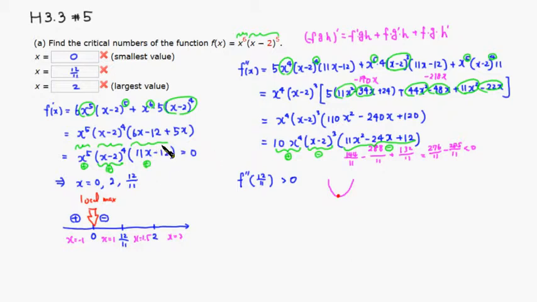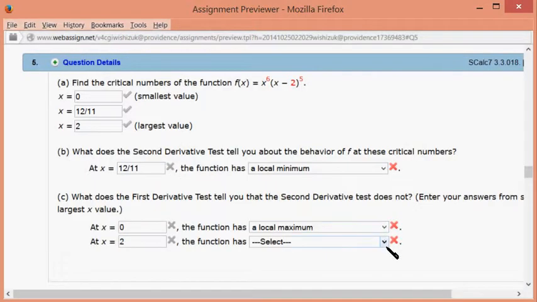So everything is positive there, right? And after 2, you try 3. That would be positive, this is always positive, and putting 3 there, that's positive, so it's positive again, right? So the derivative doesn't change sign, so this is going to be neither, right? So we're going to put that here. So this is going to be neither, right?